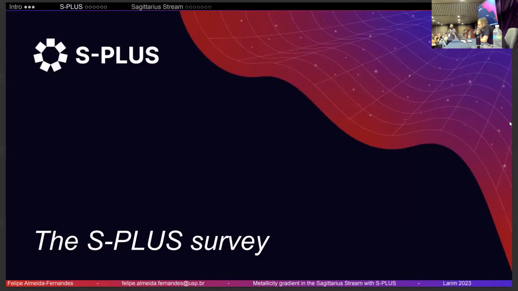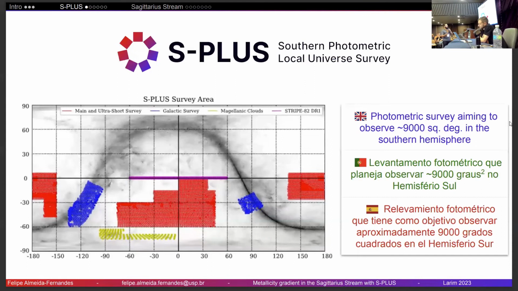It's been mentioned a lot in the conference already, but I'll give a quick introduction about SPLUS. It is a southern photometric survey that's being done using the T80 South telescope. We plan to observe 9,000 square degrees in the southern hemisphere.